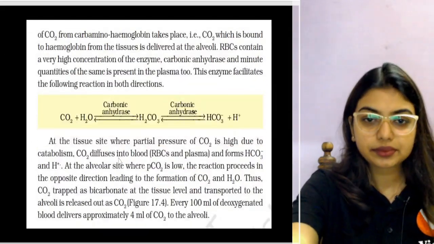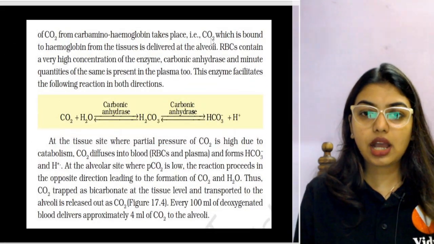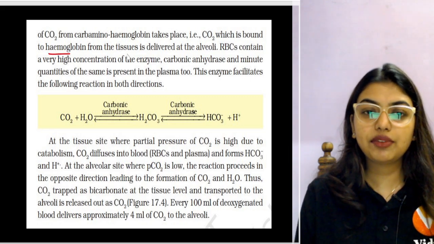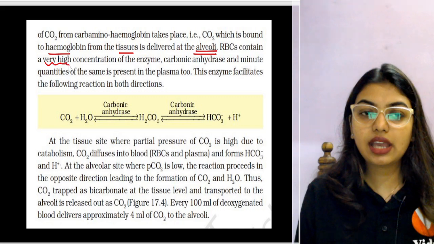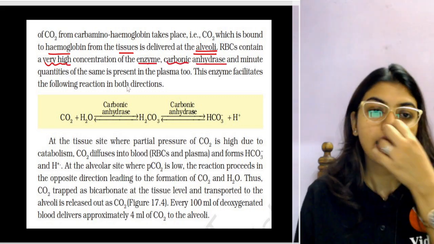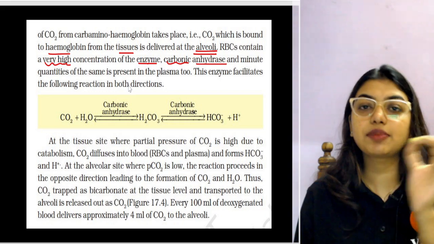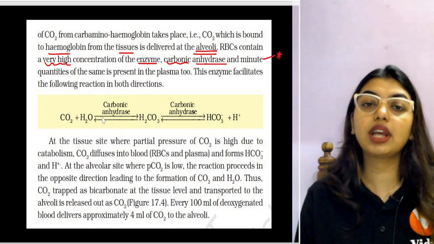Now see what happens here. Carbon dioxide bound to the hemoglobin from the tissues is delivered to the alveoli. RBC contains a very high concentration of an enzyme called carbonic anhydrase, and minute quantities of the same are present in the plasma too. A question will come asking where carbonic anhydrase is present.